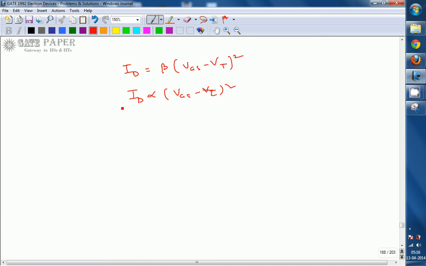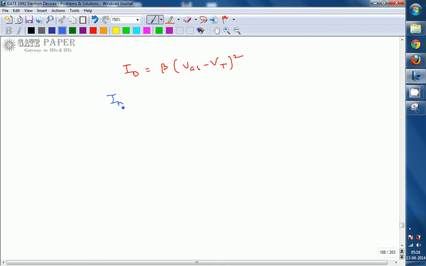Here beta is the transconductance parameter, which is constant.